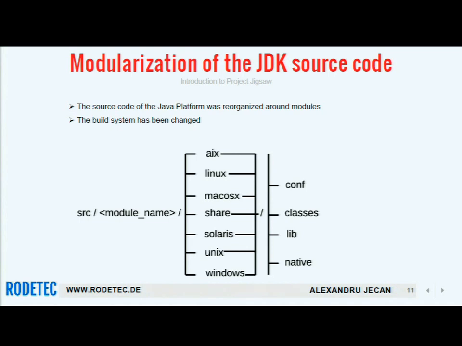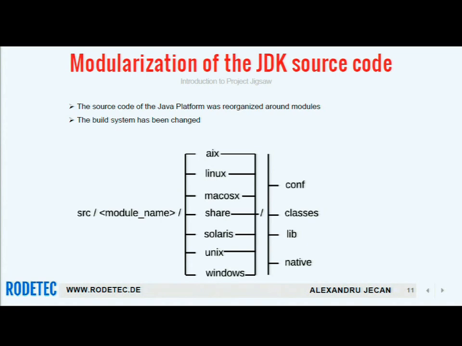to build modules. So as you see, you have source, and now you have the module name, and this is what's new, the module name, and then you have the 90 modules, java.base, java.sql, and so on.